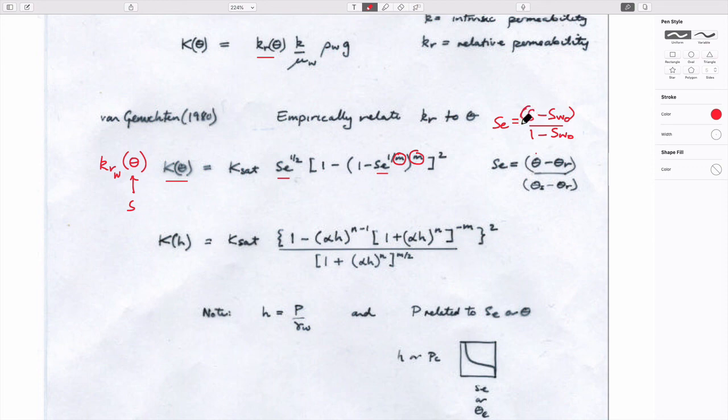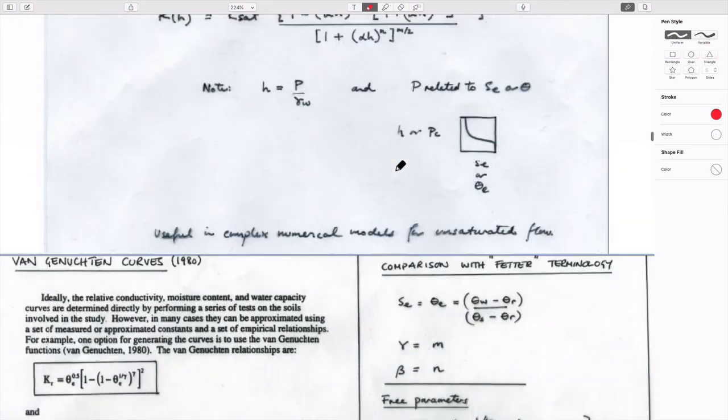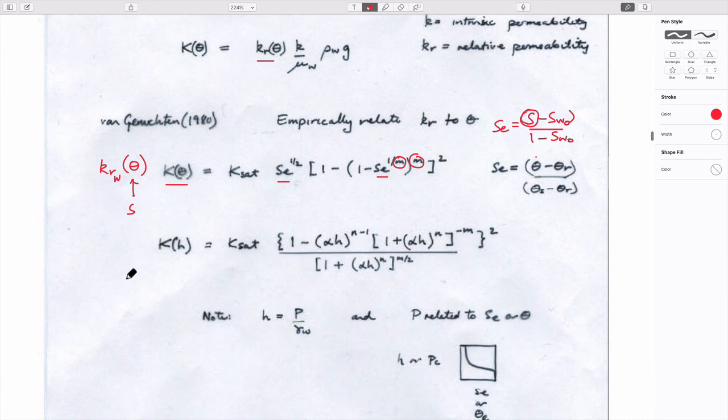So in other words, this would be the saturation you're at in the ground. These are merely parameters. Then if you know the value of m for your material, which you can get from these curves that we looked at here, then you're able to figure out exactly what the capillary pressure versus saturation curve looks like. So in other words, it would look like this, right?